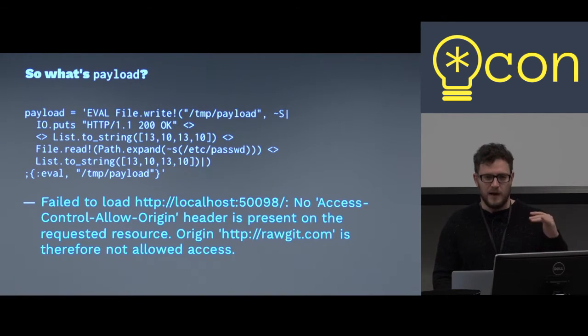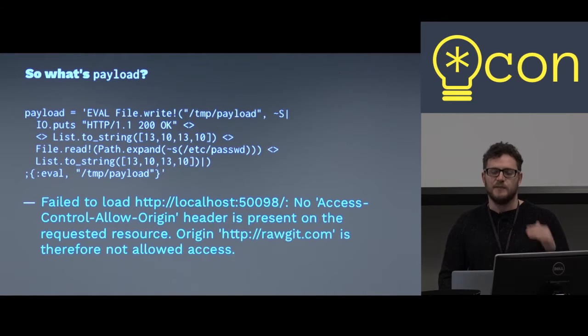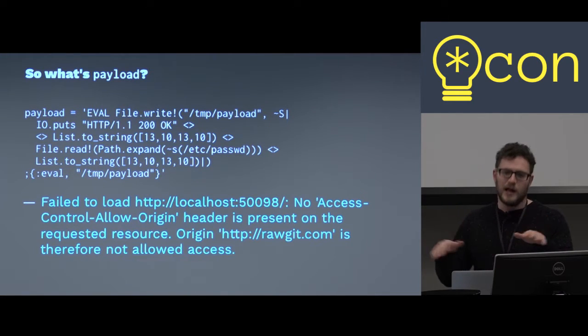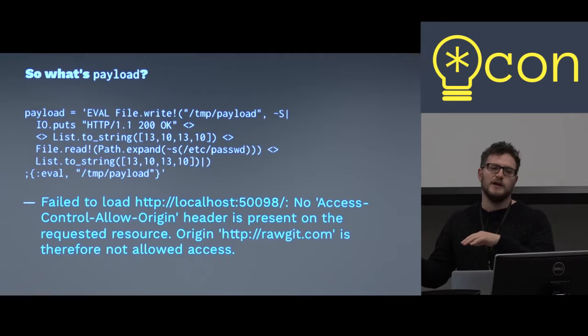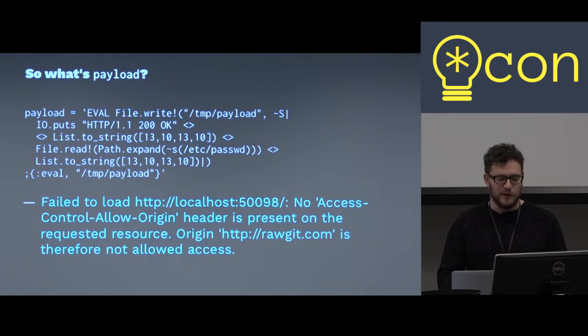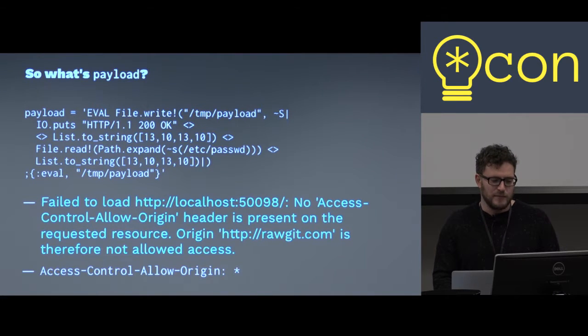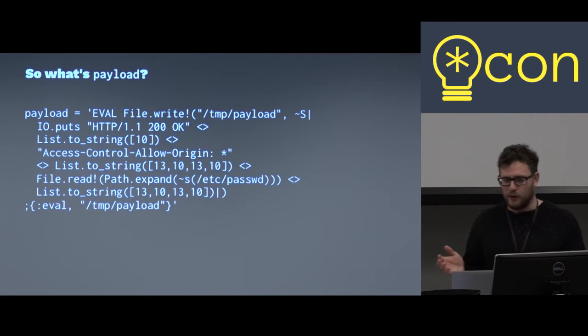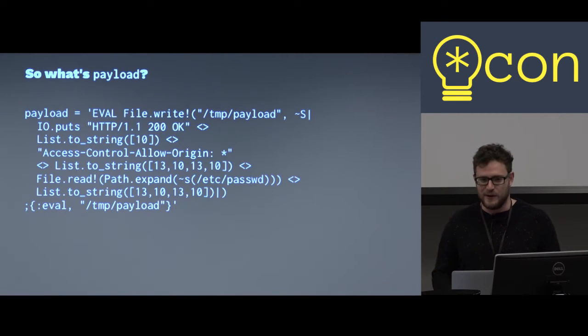Like if I'm trying to do a cross-origin access, my server actually has to say, I'm allowing a request from this host, like the browser, please render it. And that's something to protect from JavaScript doing just this. But we can just add Access-Control-Allow-Origin to our HTTP response in the server that we wrote, which says you can render a request from any server that you want to talk to.